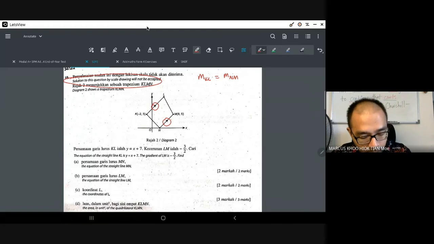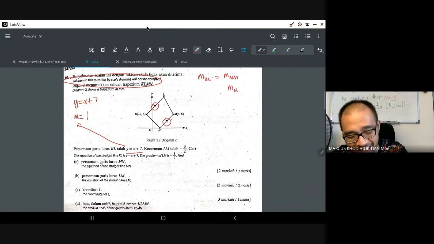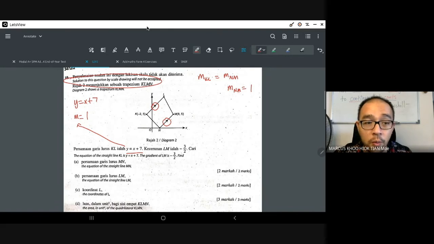So if KL is y equals x plus 7, you know the gradient for this equation is 1. And so MN is also equal to 1 because they are parallel.